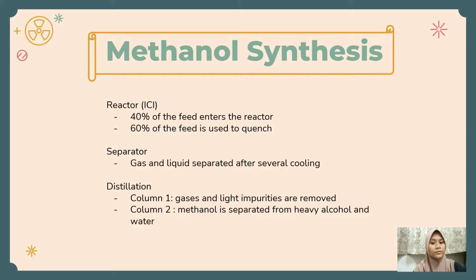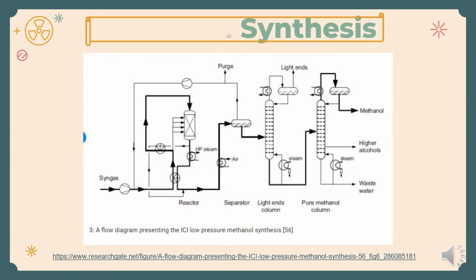In the first column, the gas and the light impurities will be removed, and in the second column, the methanol will be separated from the heavy alcohol and also water. A flow diagram presenting the ICI low-pressure methanol synthesis.